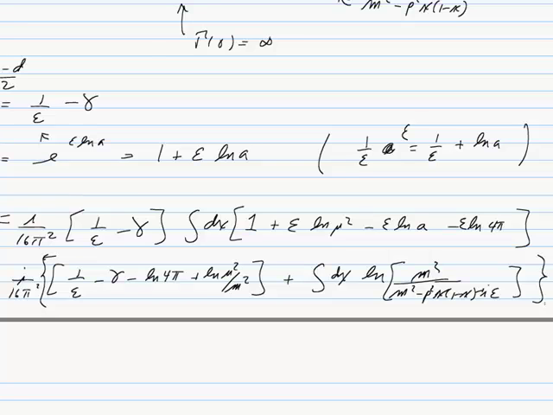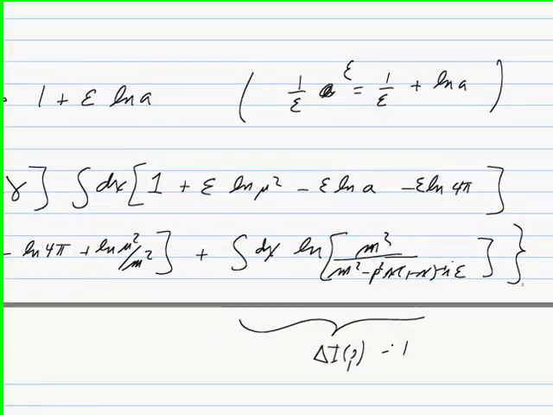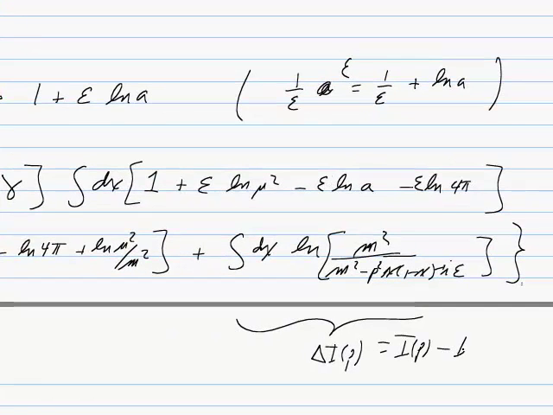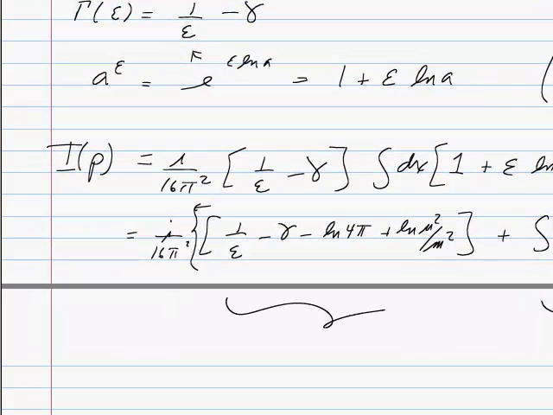Good. Now we're done. So you can sort of see the way I've written it here. This is what I've previously called delta I of p, which is I of p minus I of 0, because this vanishes when p goes to 0. And likewise, this guy out here is I of 0. There's my I of 0. And that's the divergent piece that in the end drops out.